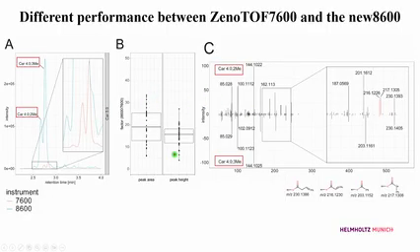But we also detected other acyl carnitines. Using Zeno 8600, we detected 35 acyl carnitines, while using Zeno 7600, we detected 33. Even though the numbers are very close, what is really different is the sensitivity of the instrument. For all the acyl carnitines, we detected a signal increase of 5-fold and above.